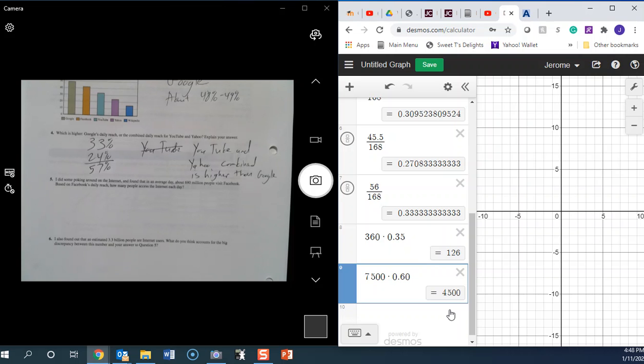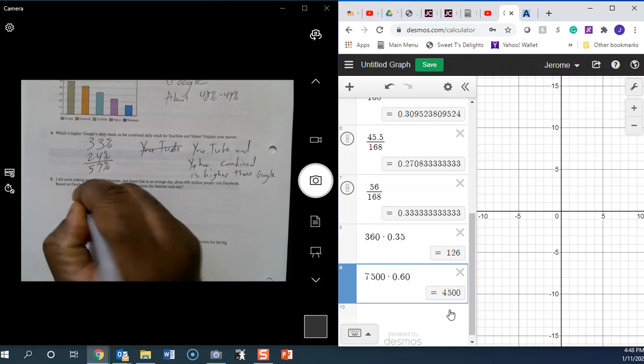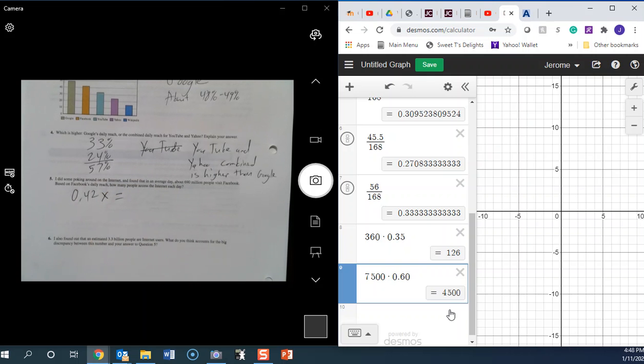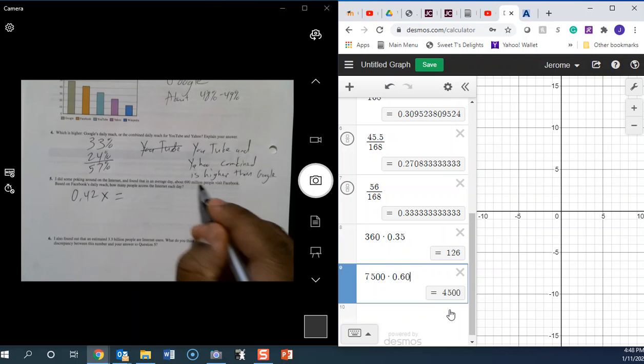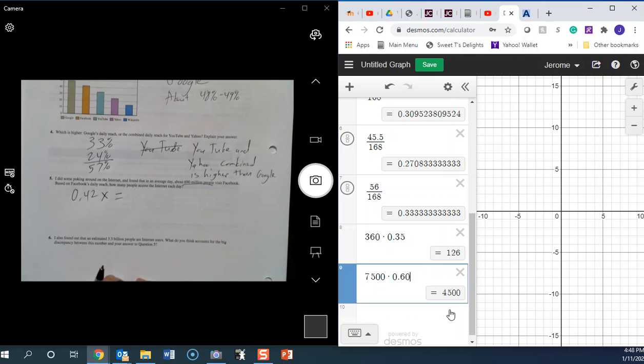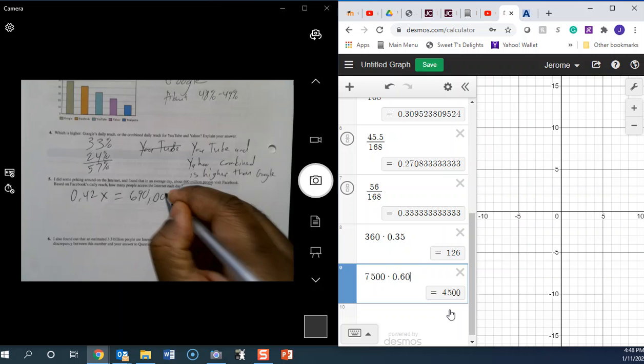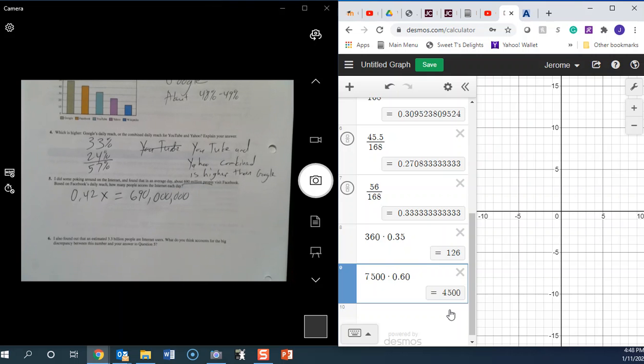If we look here at Facebook, it is about 42%. So 42% of some number is equal to 690 million. So 42% of the people that access the internet will give you 690 million.